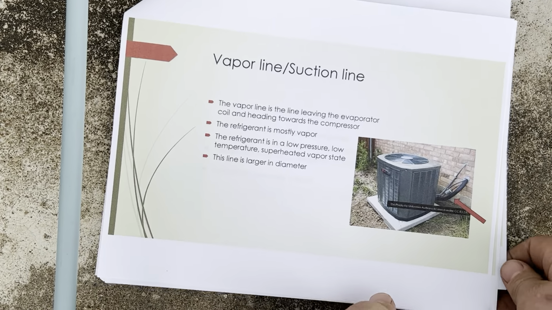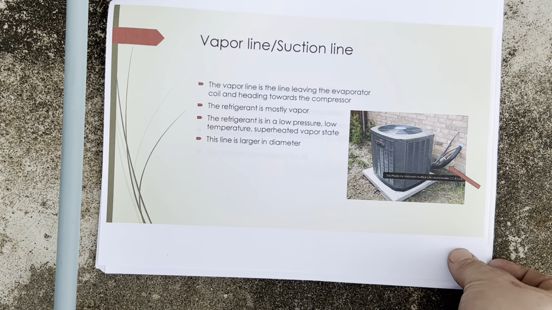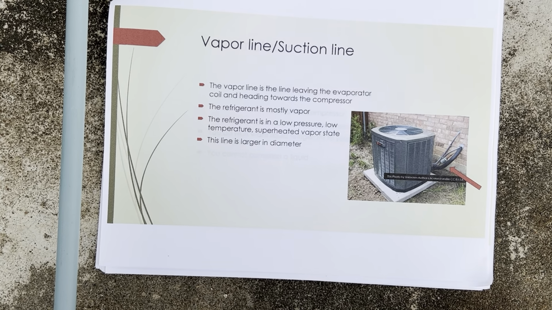The vapor line or suction line. It's really both these terms, but some people like to call it different things. It really depends on who you ask. The vapor line is the line leaving the evaporator coil and headed towards the compressor. In this line, the refrigerant is mostly vapor.